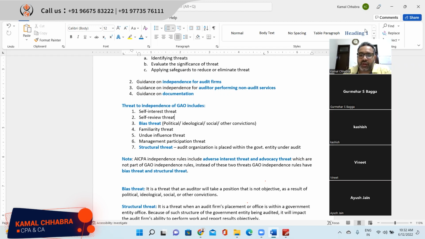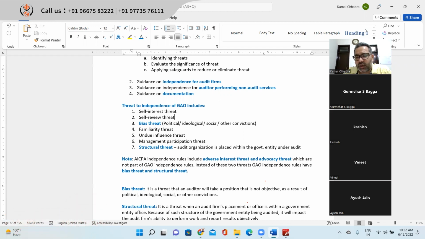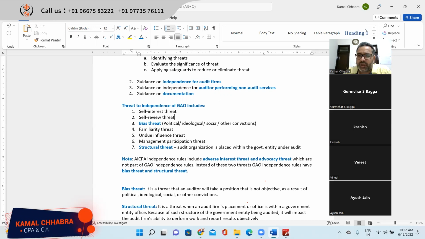Ideologically, you are influenced with one particular ideology, or maybe socially you are influenced, right? So we are more inclined or influenced toward Americans, right? Same way, and other convictions also could be possible. So all those things which will create a kind of biasness toward any particular situation, any particular ideology, any particular political party, social behavior or culture, come under the biasness threat, right?